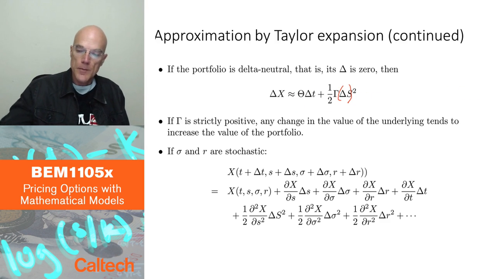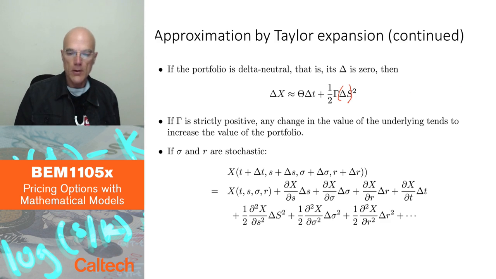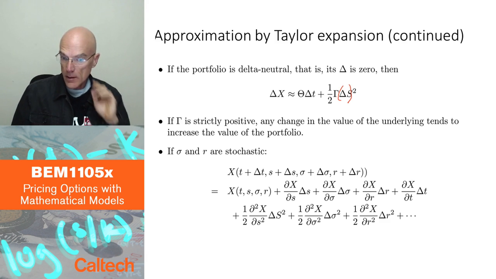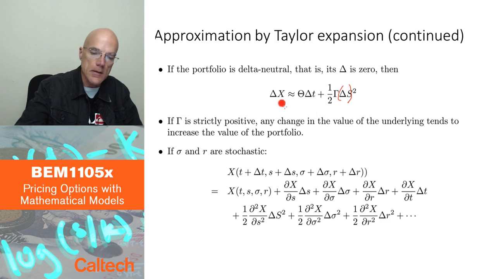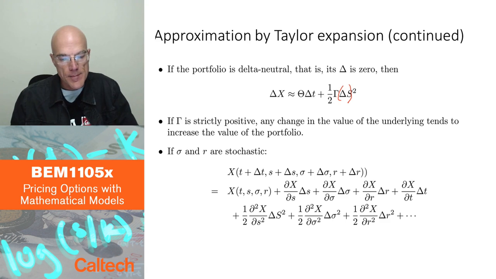Option traders talk about concavity and convexity of your portfolio. Convex functions are those that have a positive second derivative, gamma. So a convex portfolio would be good and a concave portfolio would be bad, in the sense of this approximation.